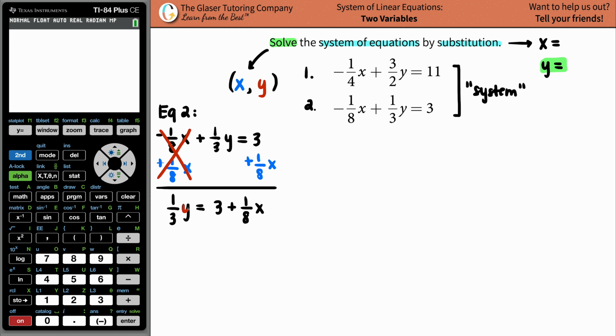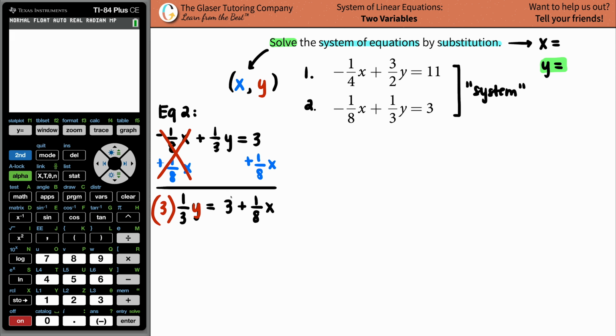Now I want to solve for that y, which means that I want to get rid of the 1/3. So undo what is being done, right? You're multiplying by 1/3, so we just multiply by the reciprocal. What is the reciprocal of 1 over 3? Yeah, 3 over 1. It's just a 3.